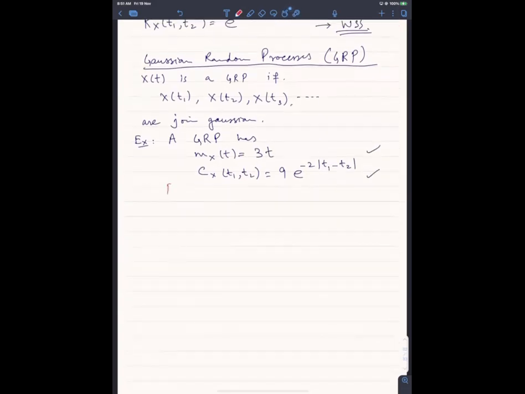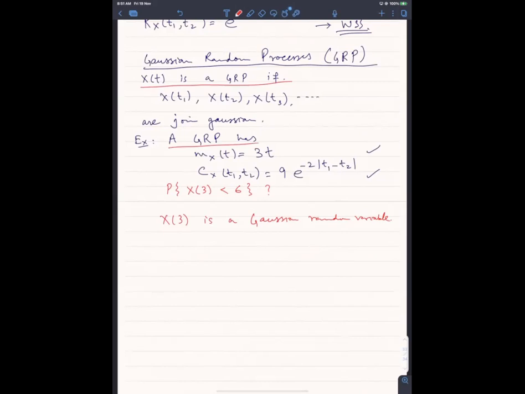So we are being asked, what is the probability that X(3) is less than 6? Let's find this probability. Well, we know that X(3) is a Gaussian random variable. Why is it a Gaussian random variable? Because we know that X(t) is a Gaussian random process.